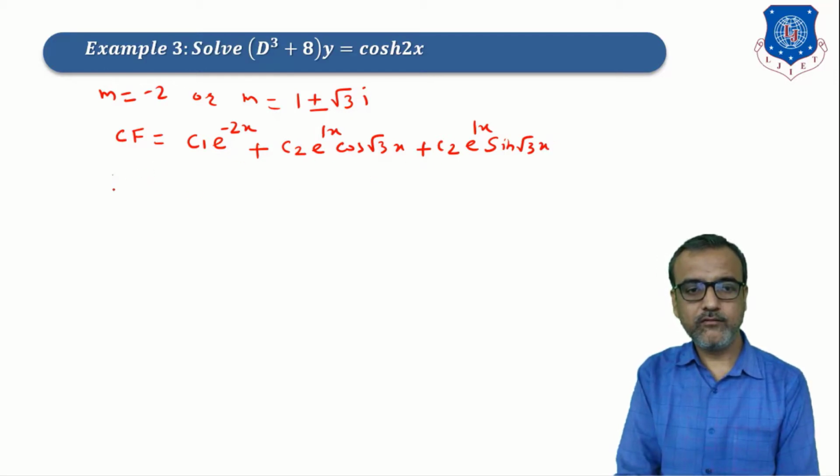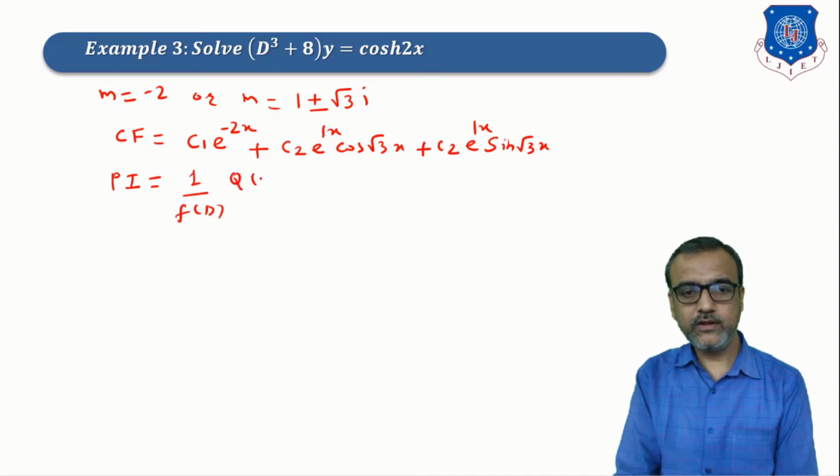Now we will find out PI, and PI equals 1 upon f of D times Q of x. So this is equals 1 upon f of D, which is D cube plus 8, and Q of x is hyperbolic cos 2x.